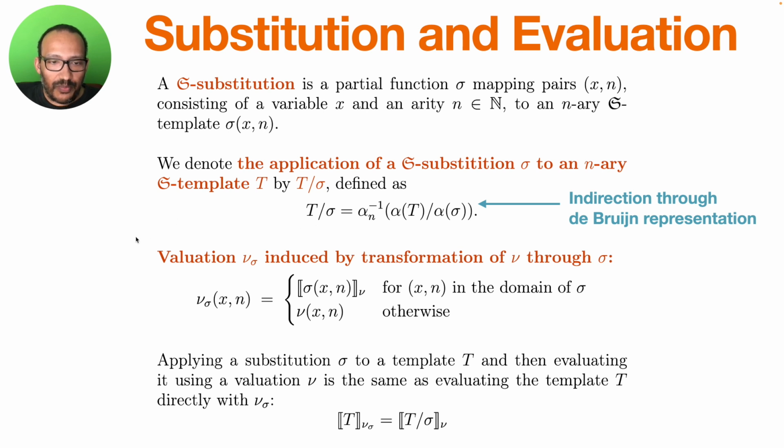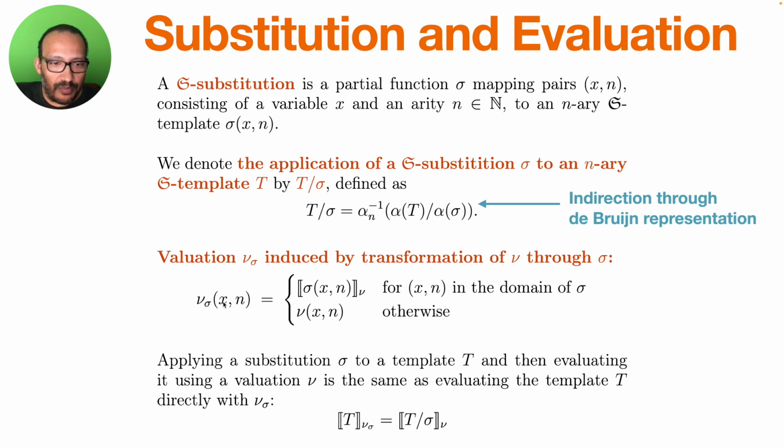And so then the connection between substitution and evaluation is especially clear in abstraction algebra. So if we have a valuation and we have a substitution, then we have a valuation that's induced by the transformation of this valuation through this substitution. And it goes like this.